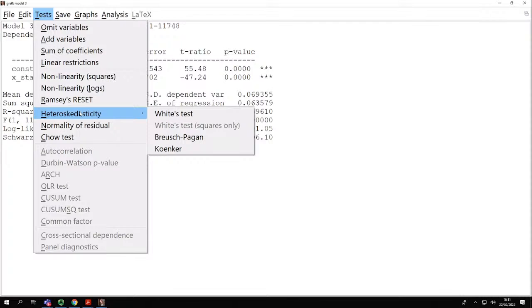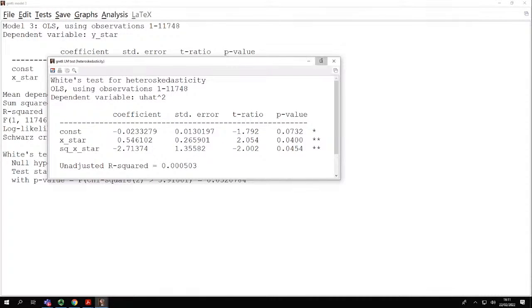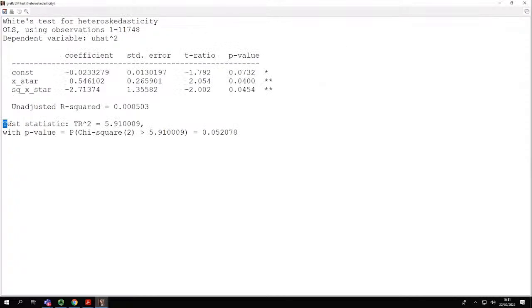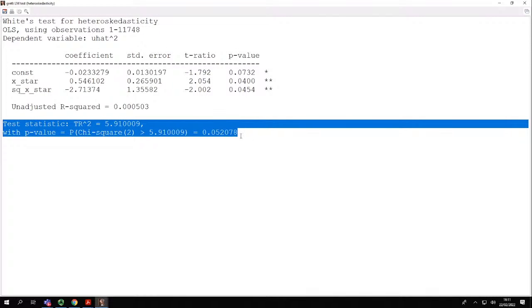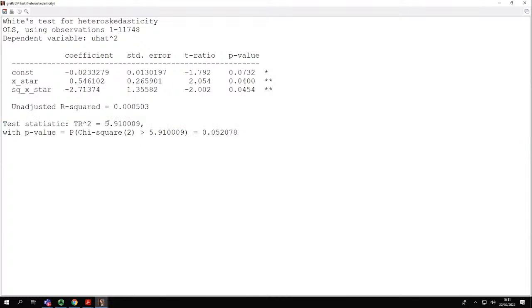Test heteroscedasticity, Y test. Let me go on the bottom. Let's follow the mechanical rule that we know. Let's prefix, as is standard, 5%. My test statistic is 5.91 with a p-value of 0.052.